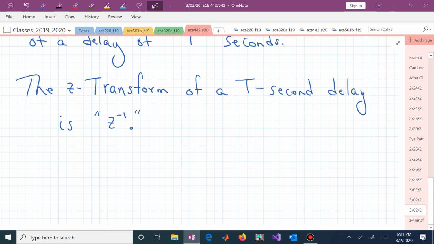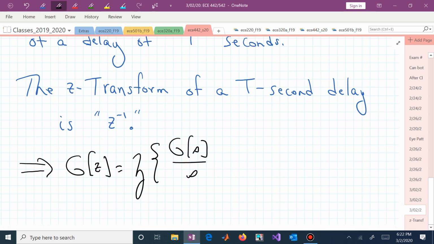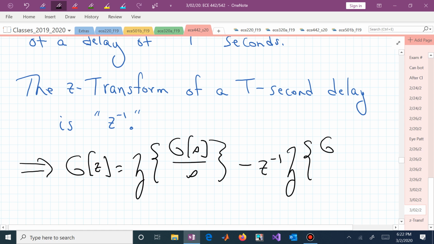So now this implies that G of Z is in fact the Z transform of G of S over S. Again, this is the zero order hold equivalent of this combination of zero order hold combined with a plant, where our plant is G of S, minus Z to the minus 1. Ha, I've gotten rid of that irrational, bad-looking e to the minus TS by factoring out the Z to the minus 1, Z transform of G of S over S.